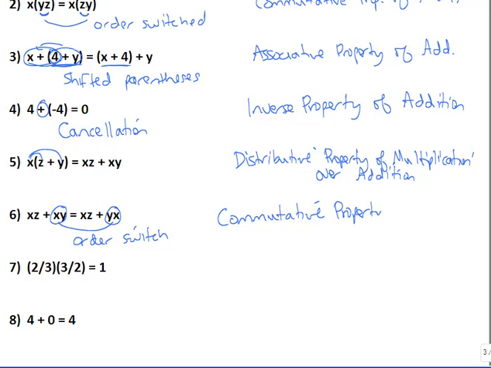But on this one you have to be a little bit careful about which operation is being used, because there's two operations. There's addition right here in the middle, but what we want to look at is the operation between the two terms being switched. This is x times y becomes y times x. So since it's multiplication between our x and our y, this should be the commutative property of multiplication.